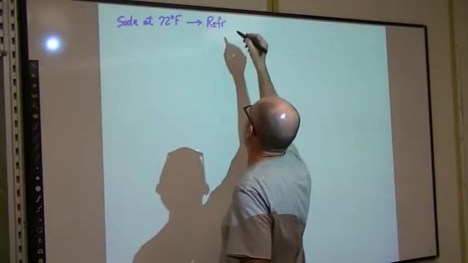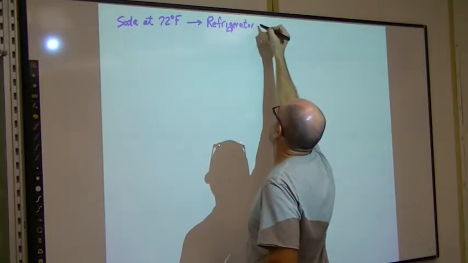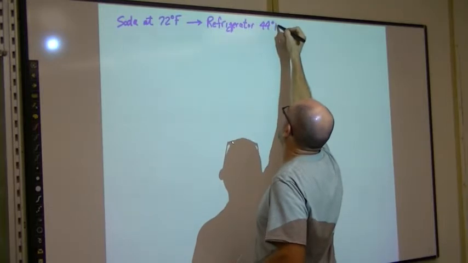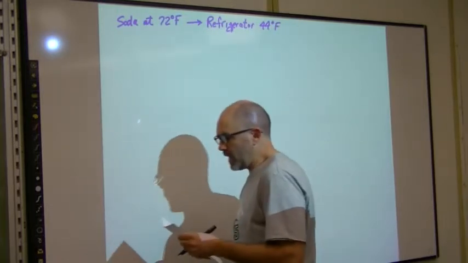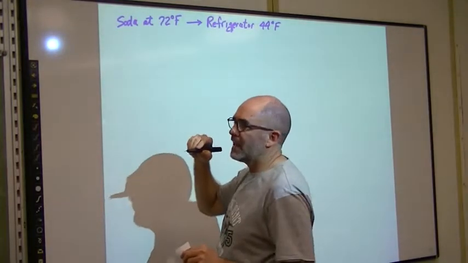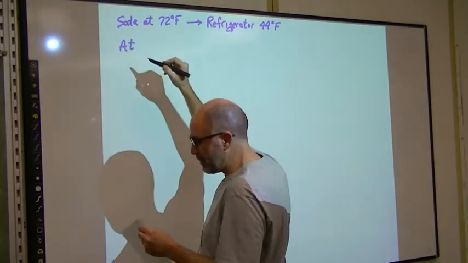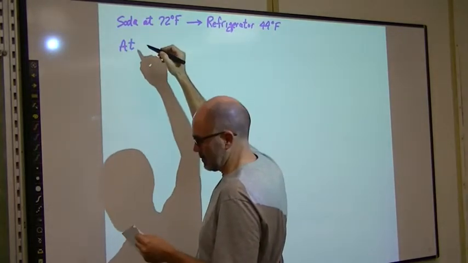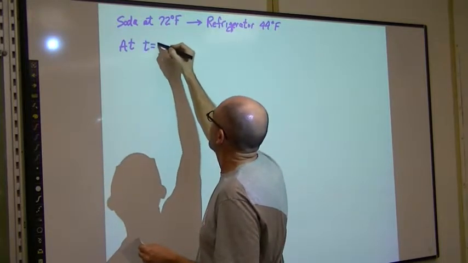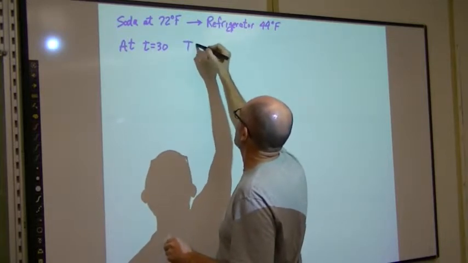All right, so I'm putting it in the refrigerator, and the temperature in the refrigerator is 44 degrees Fahrenheit. Okay, so we're going to be given the other condition that at 30 minutes, the temperature will be down to 61 degrees.